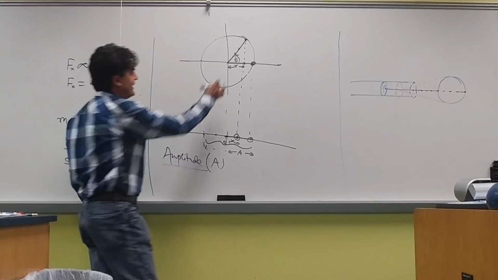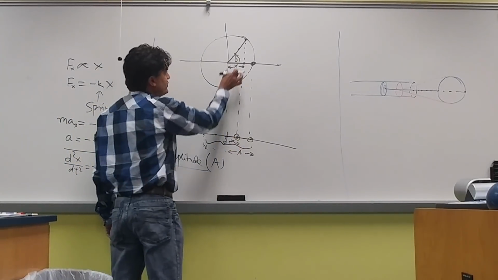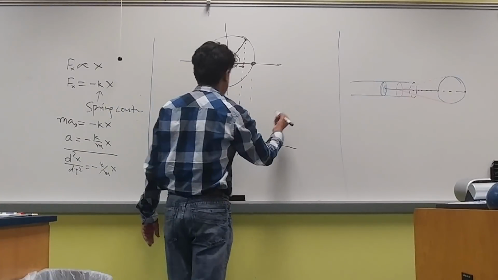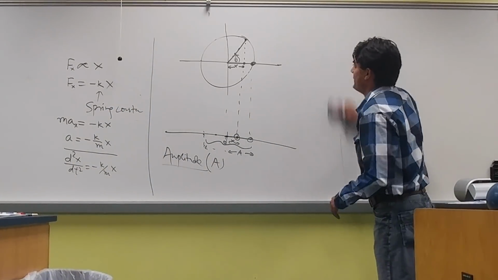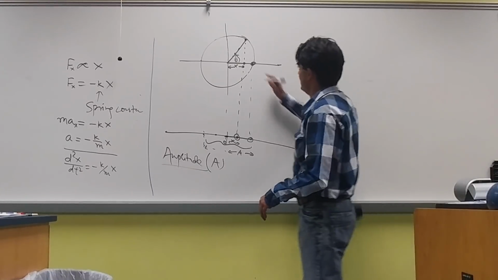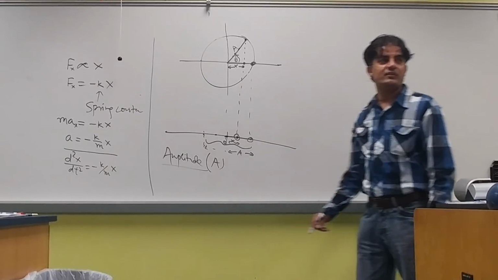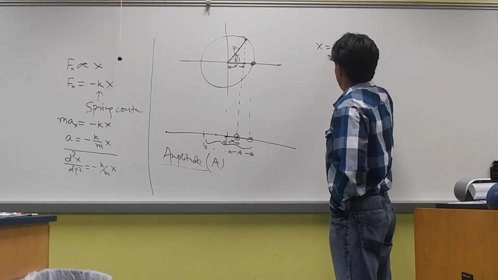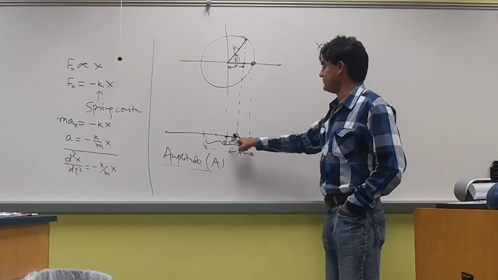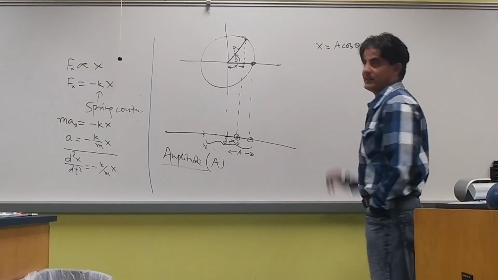So your x is given by what? Let's say this one is your A. It's given by cosine theta. So your x is given by A cosine theta. Is that right?